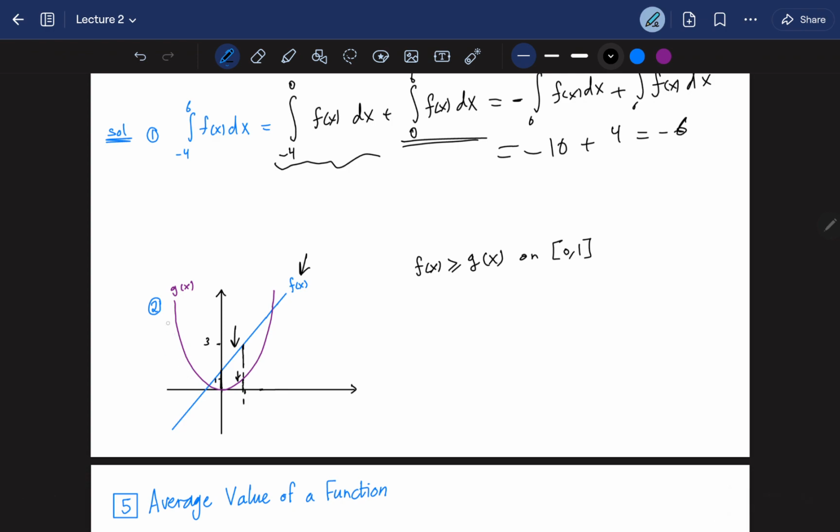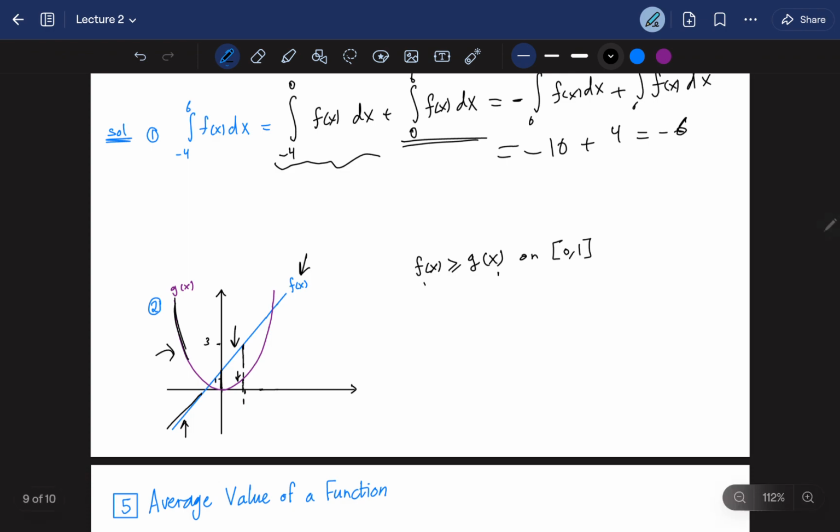If you look at this part here, if we take a different interval, let's say a negative interval, you can notice that g is bigger than f here. So keep that in mind. If a function is above the other function, it means it has bigger values on that certain interval.